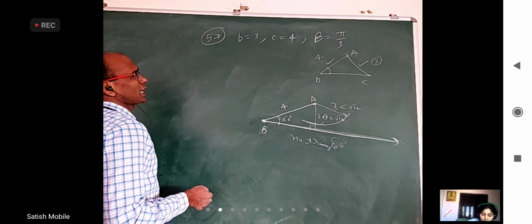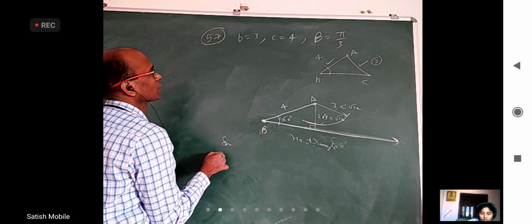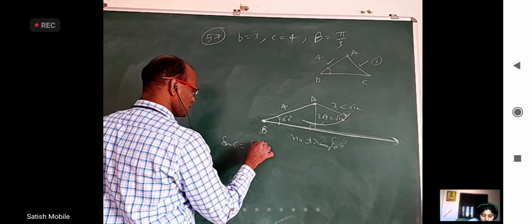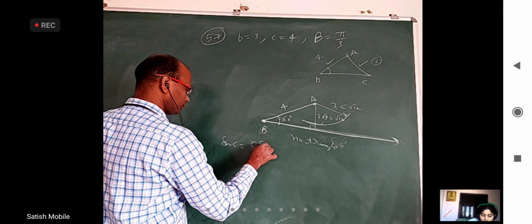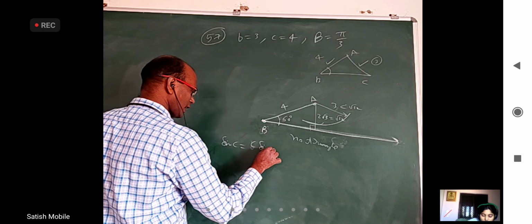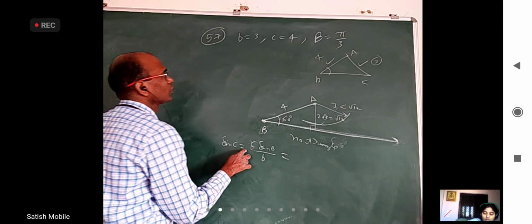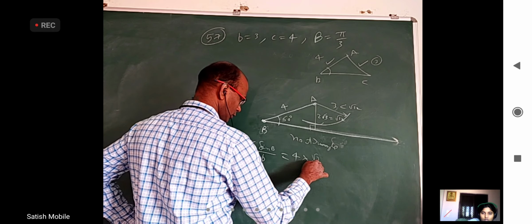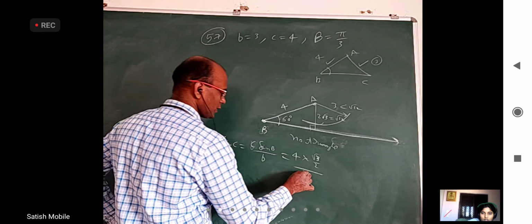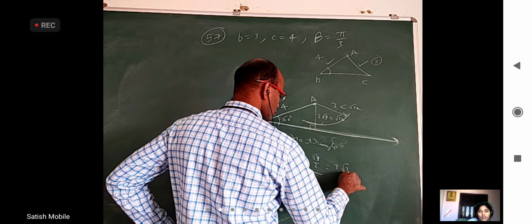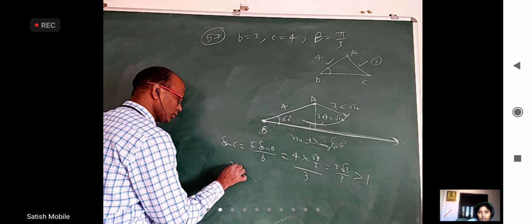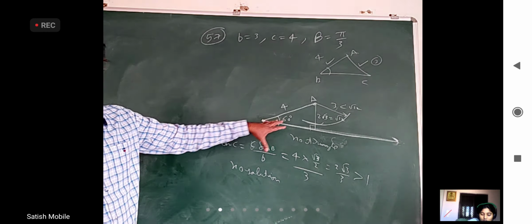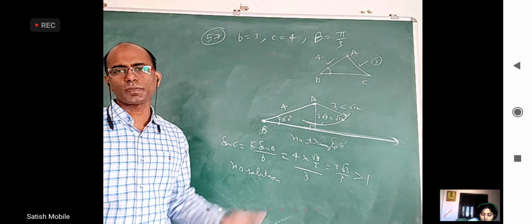If not, you can use the sine rule. Sine C can be written as c sine B by small b. What is c? 4. What is sine B? Sine 60 degrees, root 3 by 2. What is small b? 3. So it is 2 root 3 by 3, which is greater than 1. So no solution. This is from geometry, and this is just using the sine rule and telling that sine C is coming more than 1.